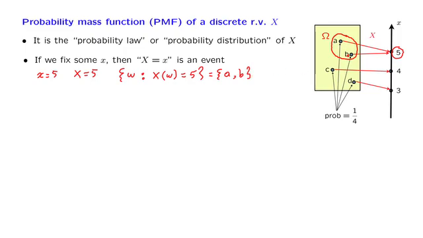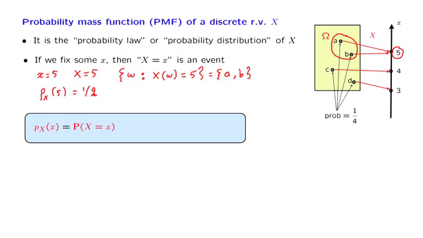It's a subset of the sample space, so it is an event. And it has a probability, and that probability we will be denoting with this notation. And in our case, this probability is equal to 1/2, because we have 2 outcomes, each one has probability 1/4. The probability of this event is equal to 1/2.